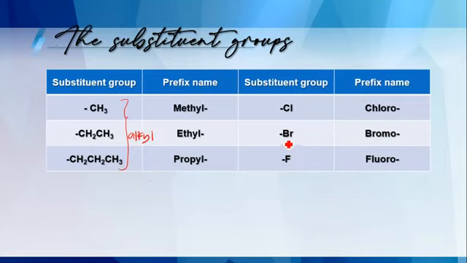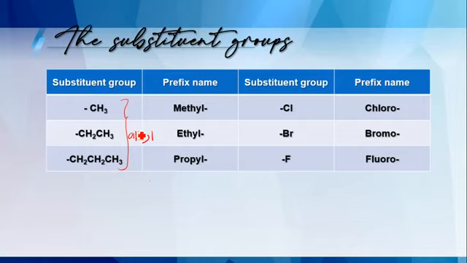It can also be iodine, and so on. And here as well, it can be 4 carbons, which is called butyl. This is just to expose you to the substituent group, which you're going to come across later on in naming and in drawing.